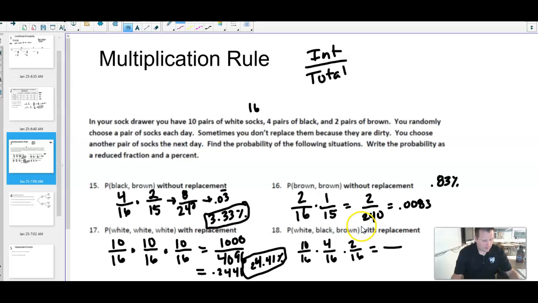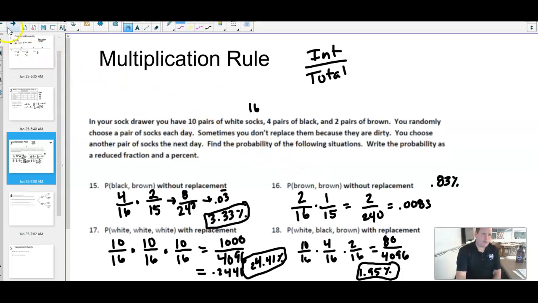So this is 80 over 4,096. And then if I divide those two, I get 0.0195, which would give me a 1.95% chance. So not very high to get one of each, but that's how we do that.